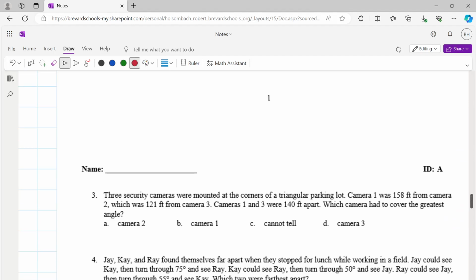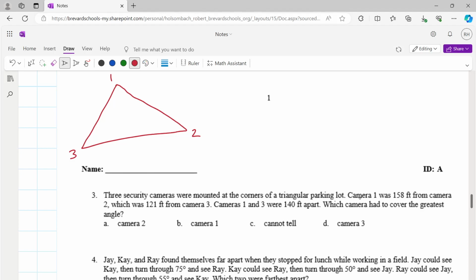All right, problem number 3. 3 security cameras were mounted at the corners of a triangular parking lot. So if you draw a triangular parking lot and you label the vertices 1, 2, and 3, because they're numbering the cameras in this question.